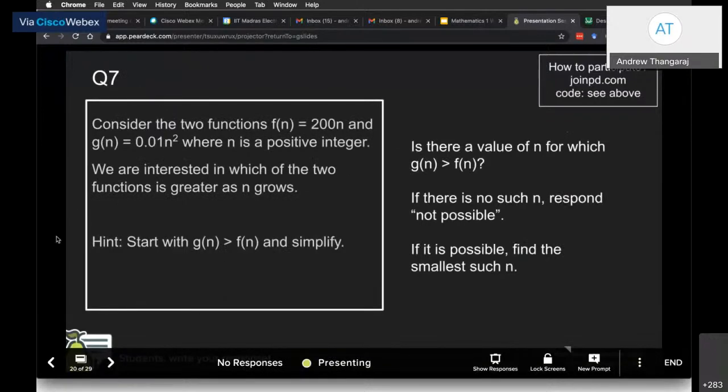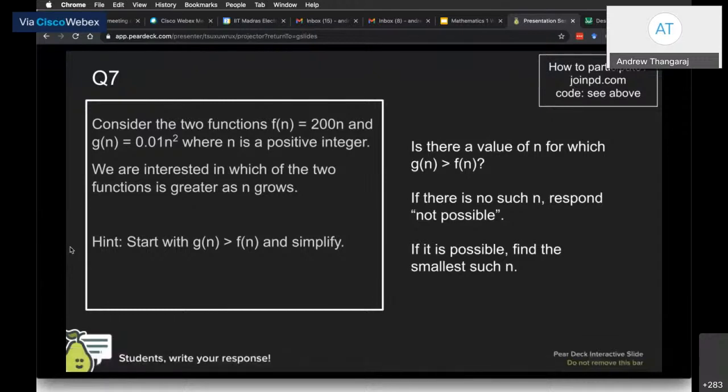Okay, so let me just leave you with one or maybe two of these type of questions. So here are two functions. First function is 200n, and the second function is 0.01 n squared. So these are functions you've seen before, right? The first one is a linear function. You might have seen it with f of x.